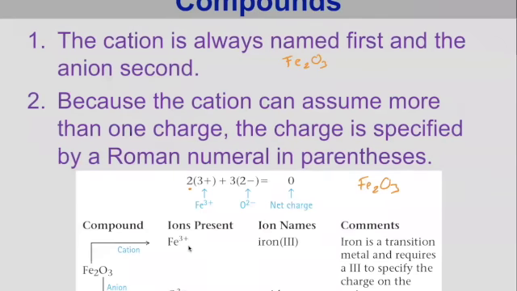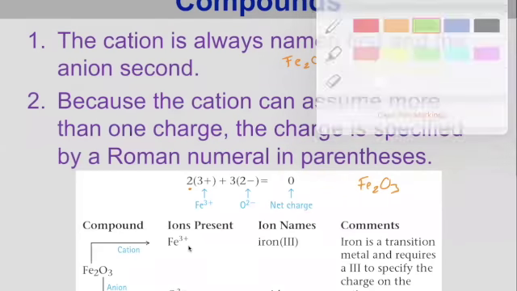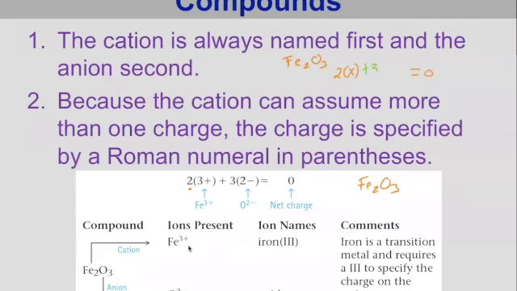What I'm going to do is set this whole thing equal to 0. Iron, we have 2, and we don't know the charge of iron, so we're going to call it X. Then plus 3 oxygens, and the charge of oxygen is -2. When you solve for X, it equals 3. X represents the charge of iron. So the proper name would be iron 3 oxide.